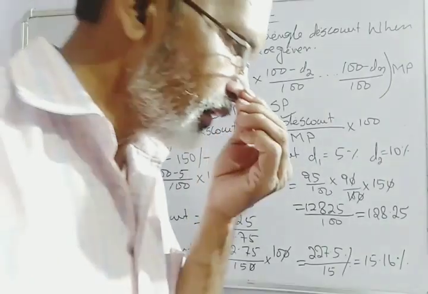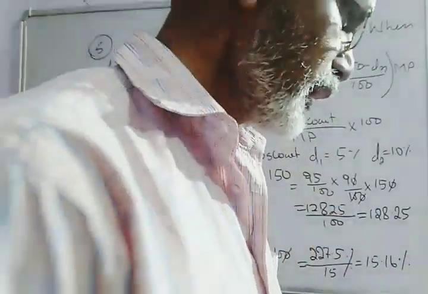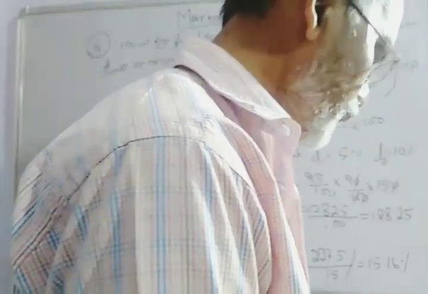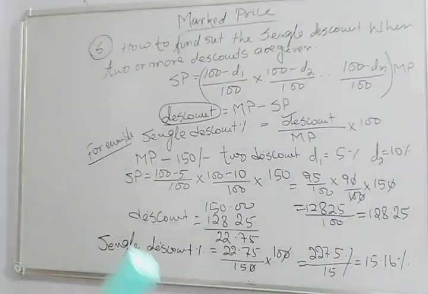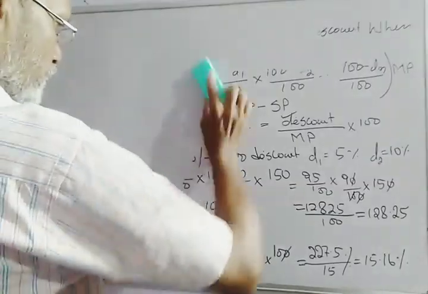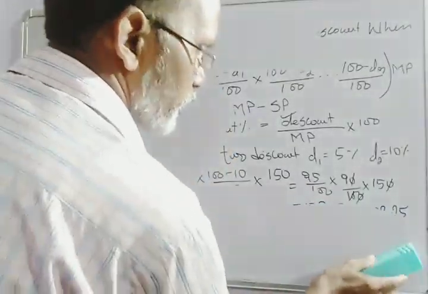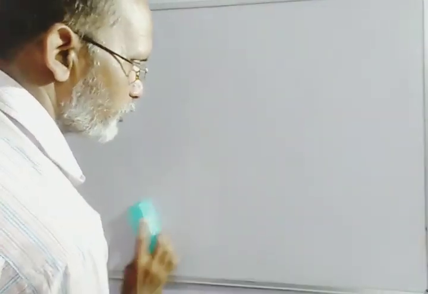Then the next thing we will discuss is all the formulas. As I told you, I will give you all the formulas for percentage, profit loss and mark price. Now I am writing these formulas. Those who want, they can go through the formulas for these things.